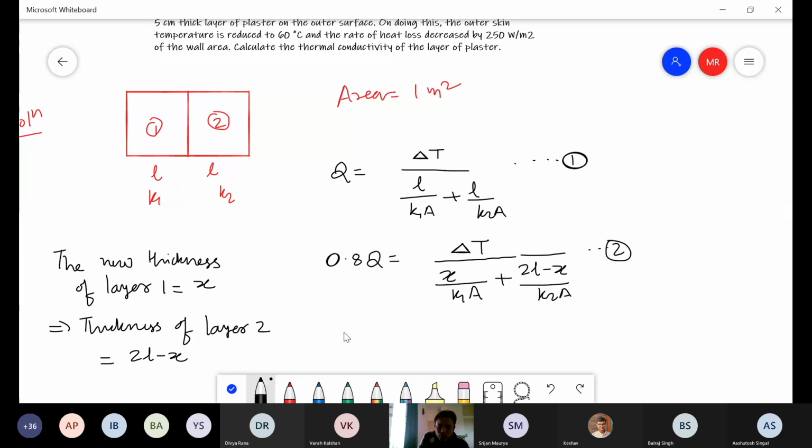So what we can write from equation 2 is 0.8 Q is given as delta T divided by X over 2K1A, sorry, 2K2A plus (2L minus X) over K2A. This is what the equation is.